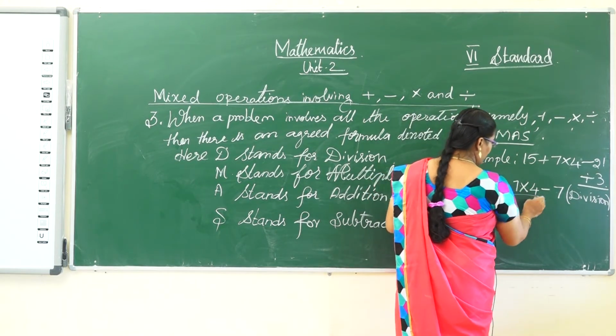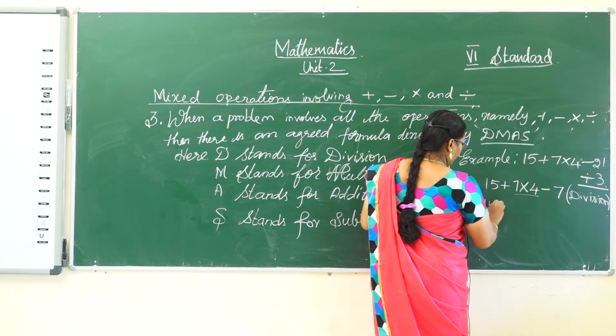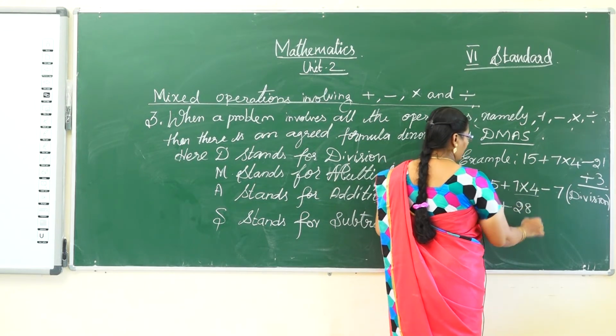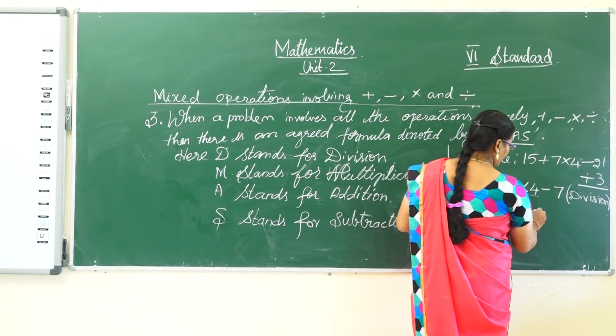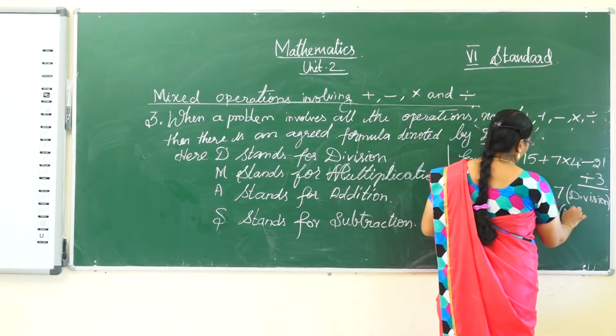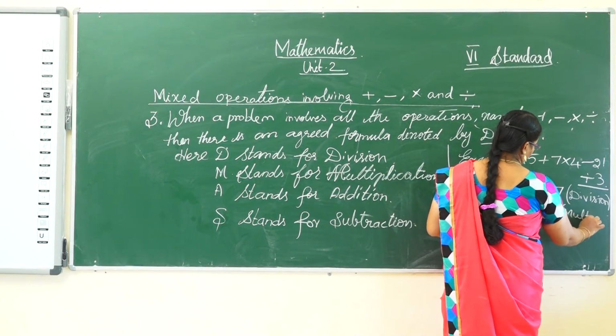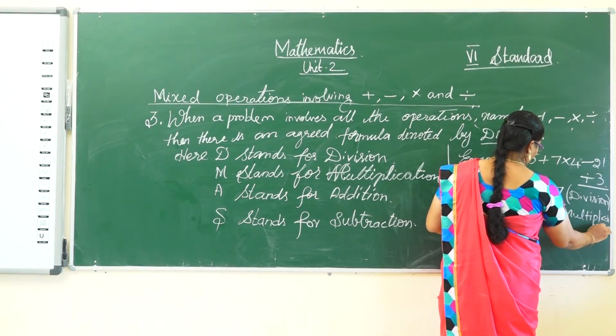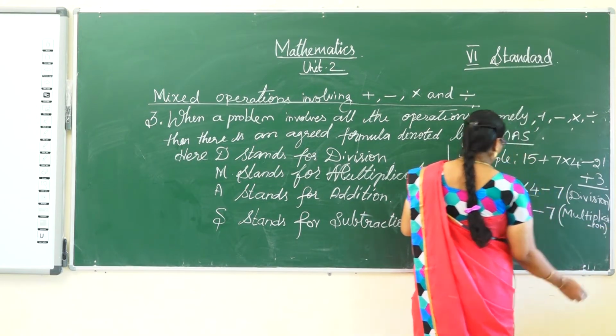In this place multiply in the next step: 7 4s are 28. So 15 plus 28 minus 7. Within a bracket write multiplication.